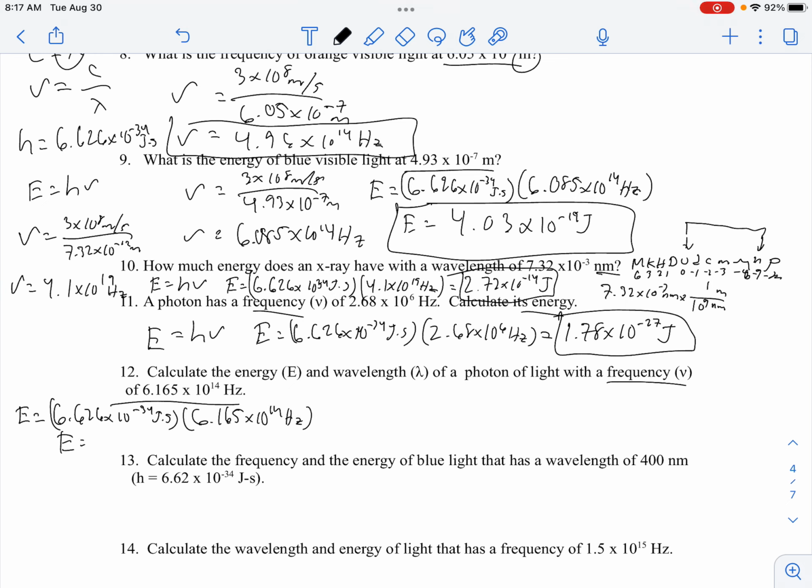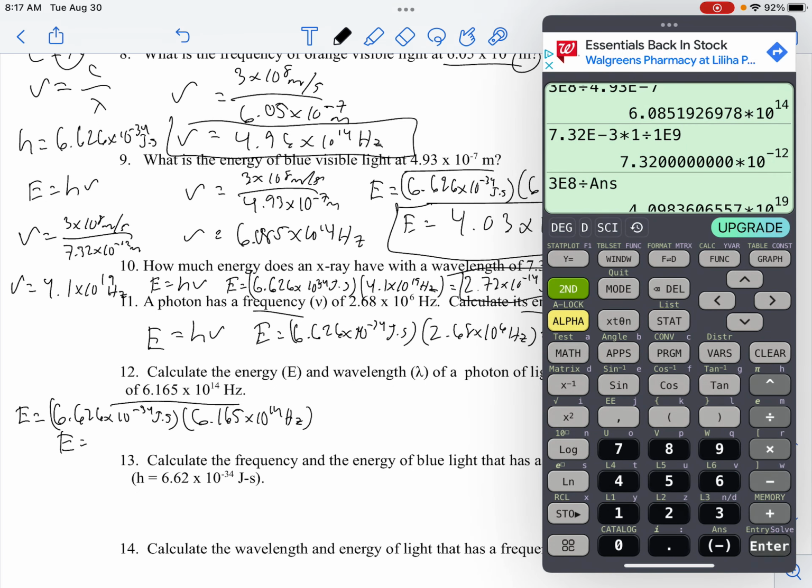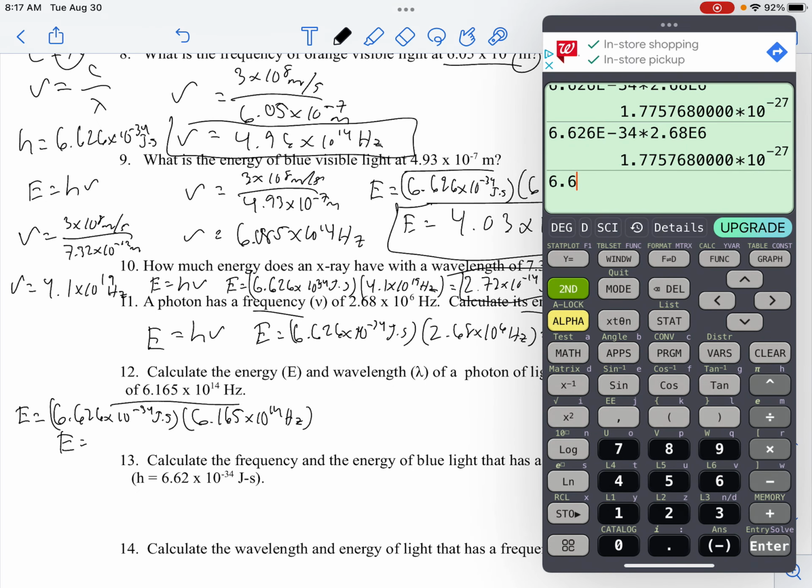So E is equal to 6.626 e negative 34 times 6.165 e14 hertz. So the energy is 4.08 times 10 to the negative 19 joules.